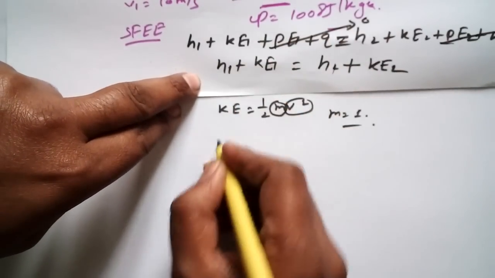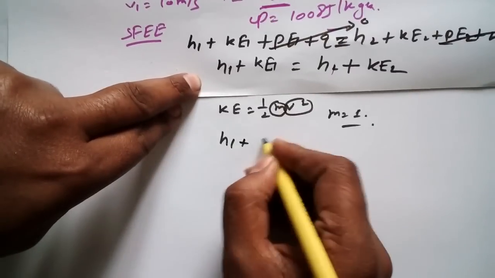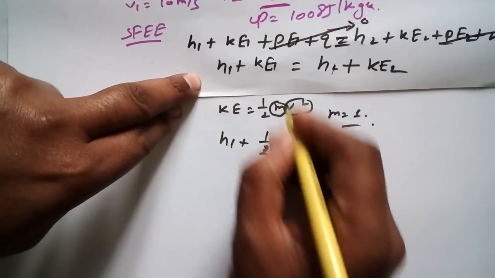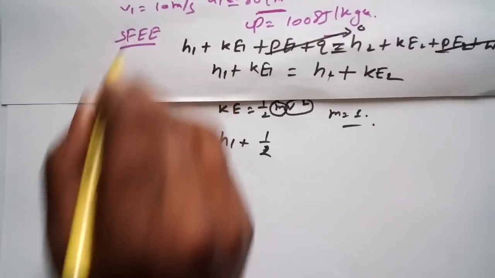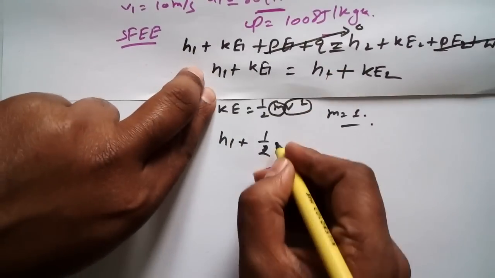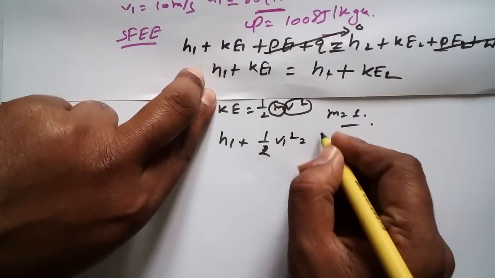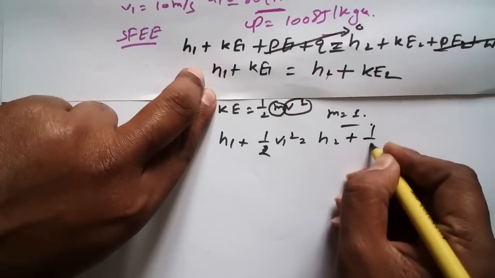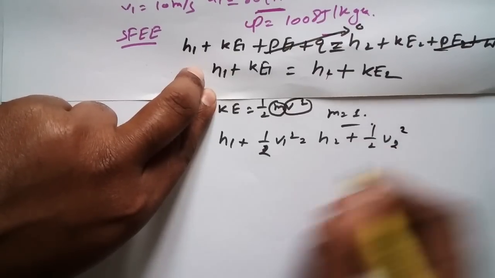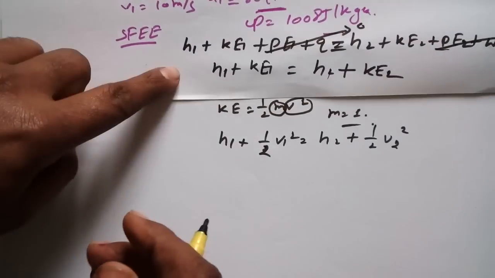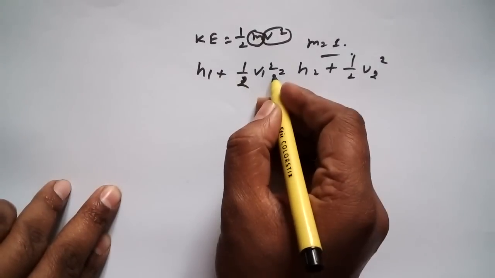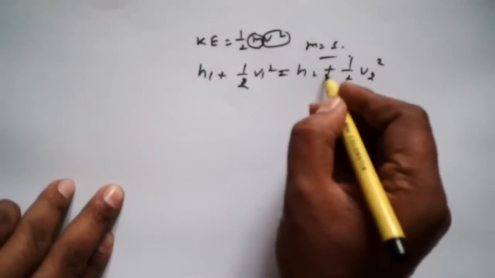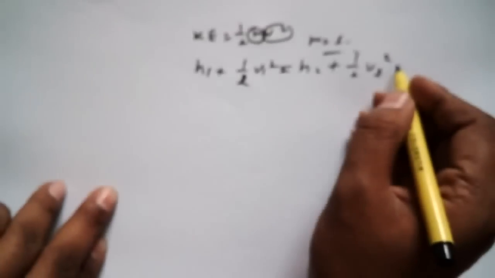So we can write here h1 plus half v1 square, because the inlet velocity we have taken as v1, is equal to h2 plus half v2 square. As simple as that. So h1 plus half v1 square is equal to h2 plus half v2 square.